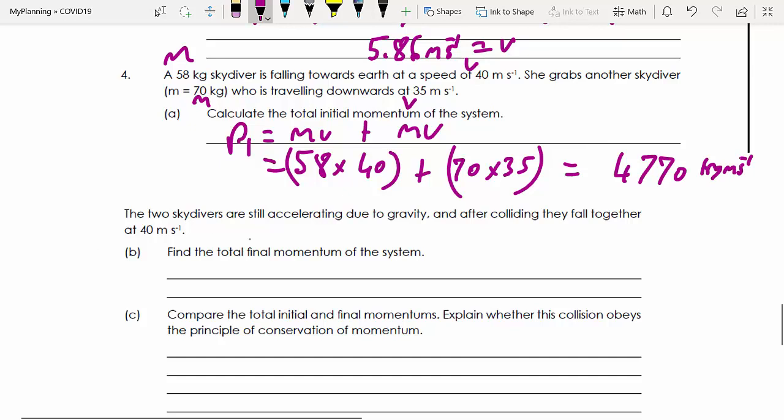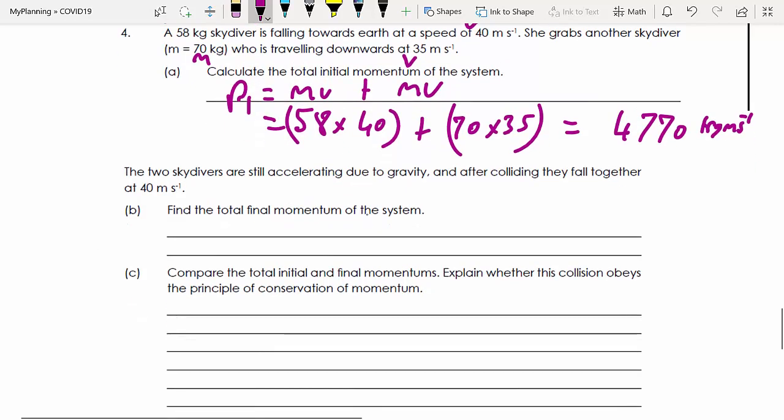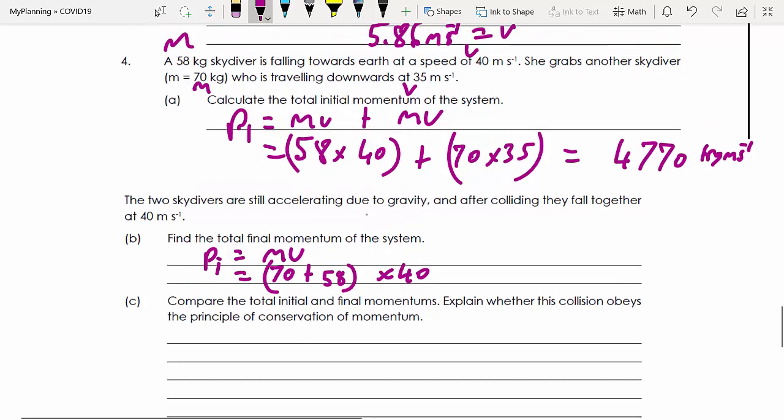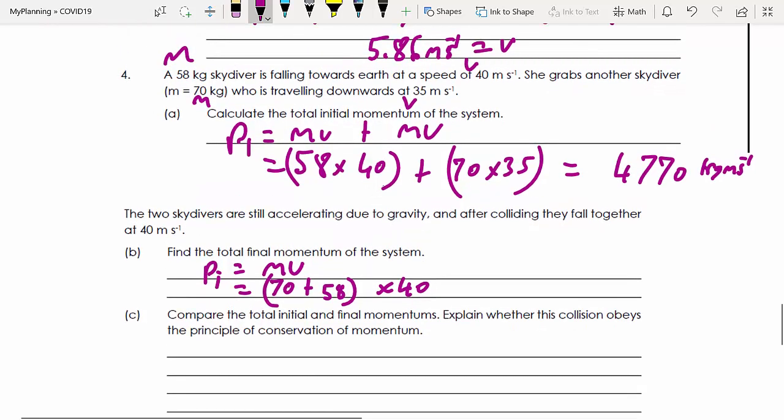The two skydivers are accelerating due to gravity after colliding, and they fall together at 40 meters per second. Find the total momentum of the system. I might still call that Pi as mass times velocity. Now the mass is no longer 70, it's going to be 70 plus 58, times 40.